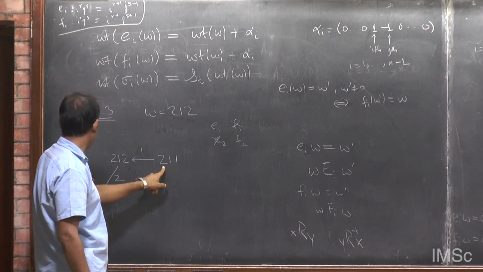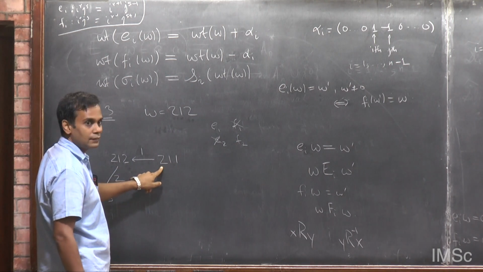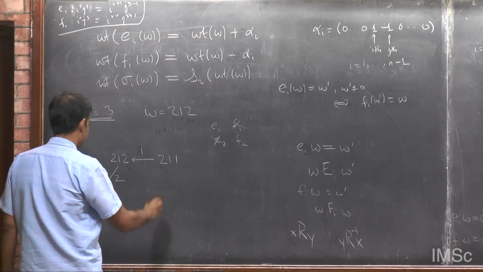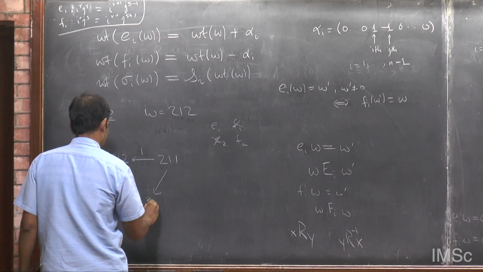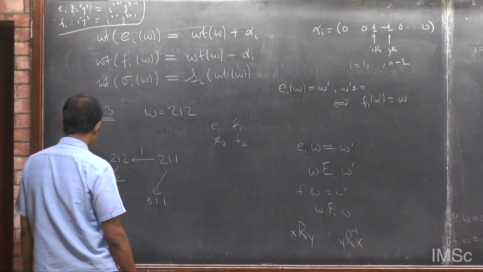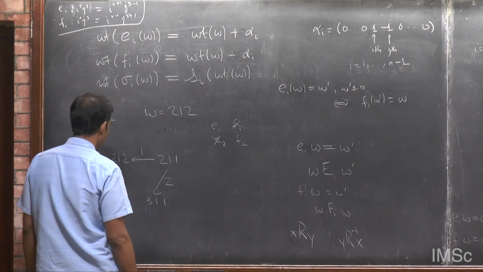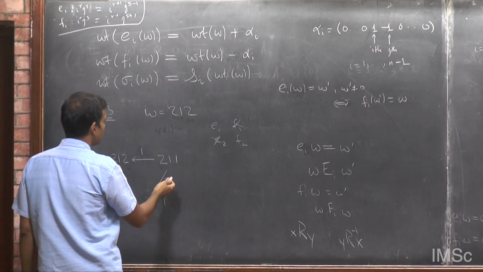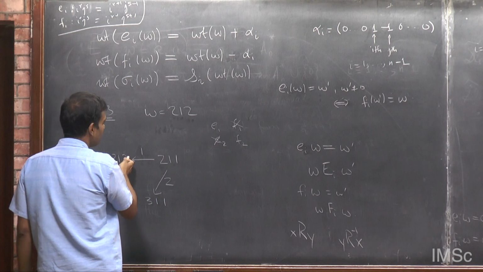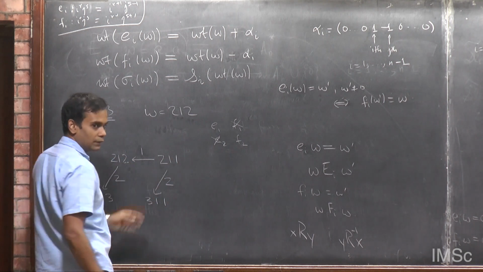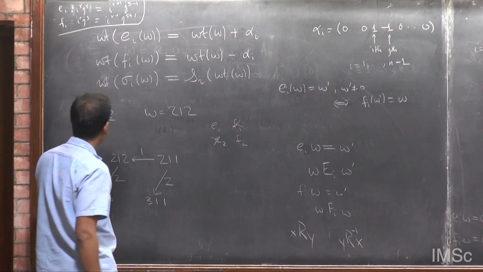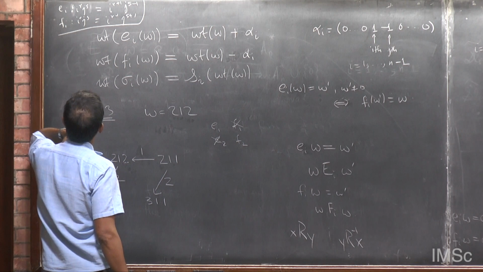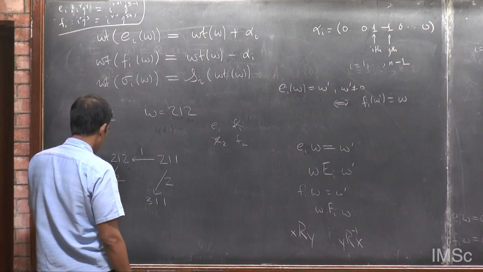If I freeze the 1s, then I will just have a 2, so now I can apply F_2. I cannot apply E_2, and I have already applied F_1. I cannot apply E_1, because after freezing it is 1.